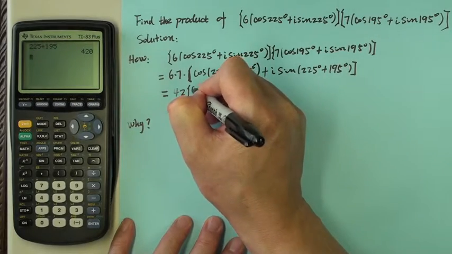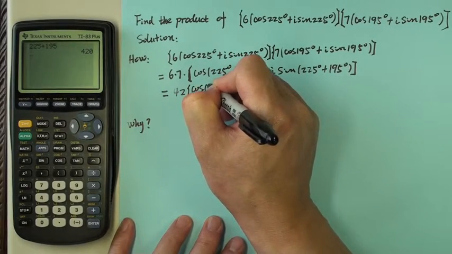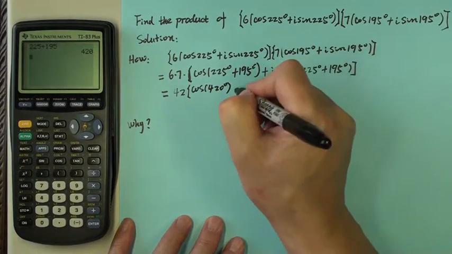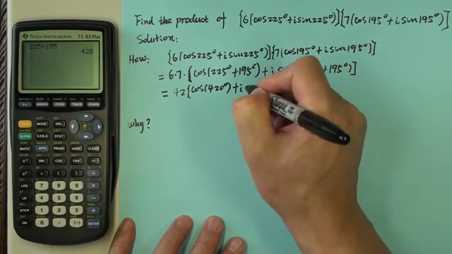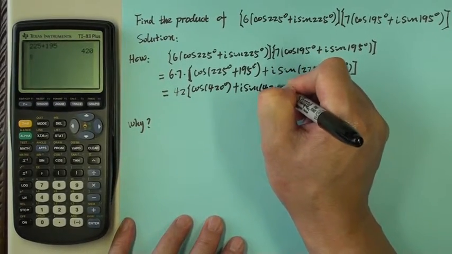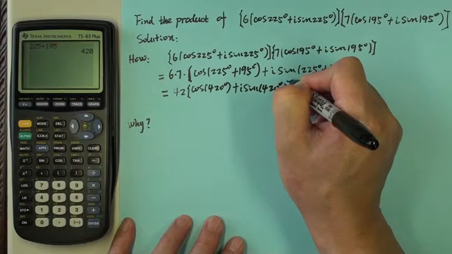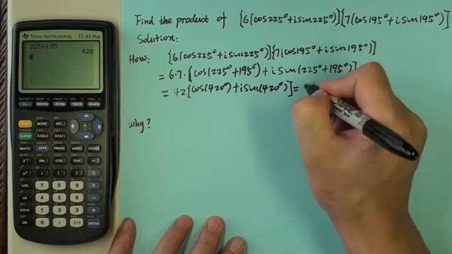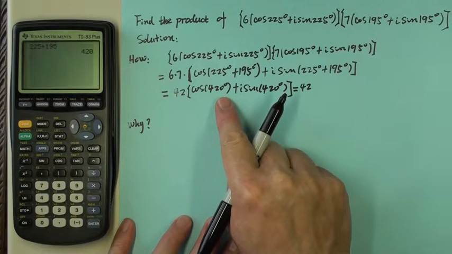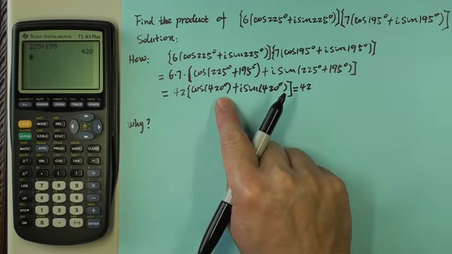So you may write cosine 420 degrees plus i sine 420 degrees. Now, 420 degrees is too big.